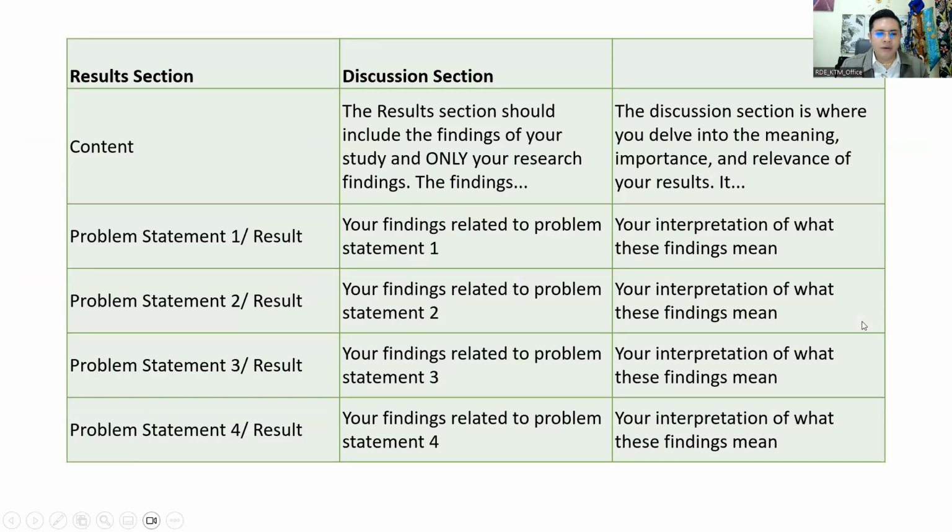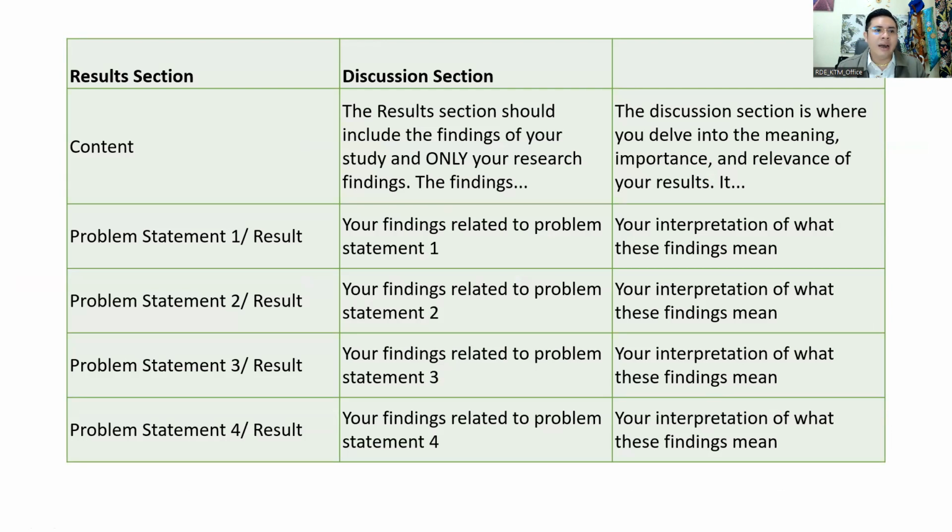And in the structure of a typical thesis, the results and discussion section is actually chapter 4 of your research manuscript or your thesis. That is chapter 4.